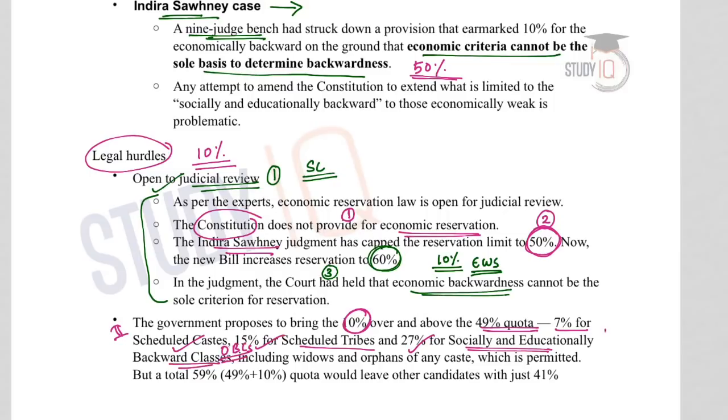So altogether this accounts for 49% and now 10% additional. So this will make up 59% reservations. So only 41% is left for the other candidates. This can be a violation of Article 14 of the Indian Constitution, and this can also sacrifice merit. So these questions also will come up before the Supreme Court while it makes the judgment.